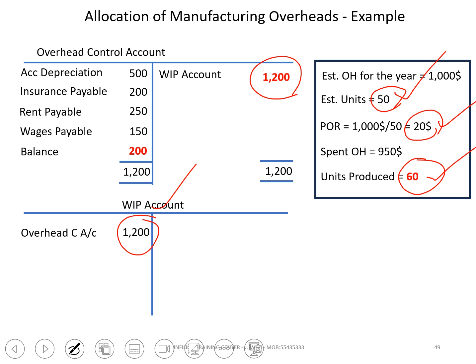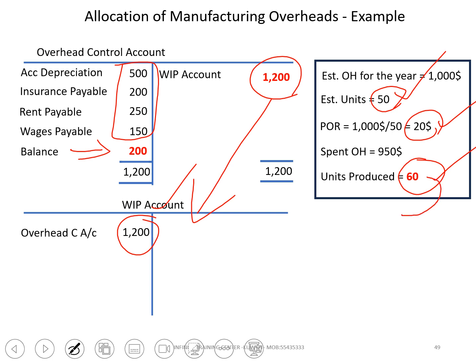Okay, but actually how much did you spend? Again imagine the total of this is 1000. There is a mistake of $100, but imagine that it is 1000. So you will have a difference of $200. Correct? Actually you spent only 1000 and you transferred 1200 to work in progress. So that means you added more cost to work in progress. Why?